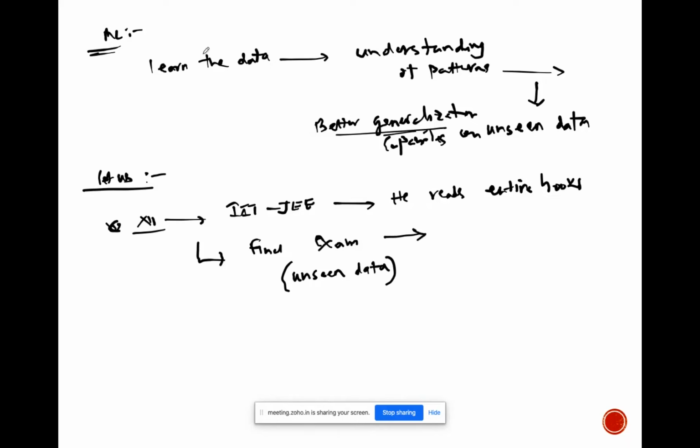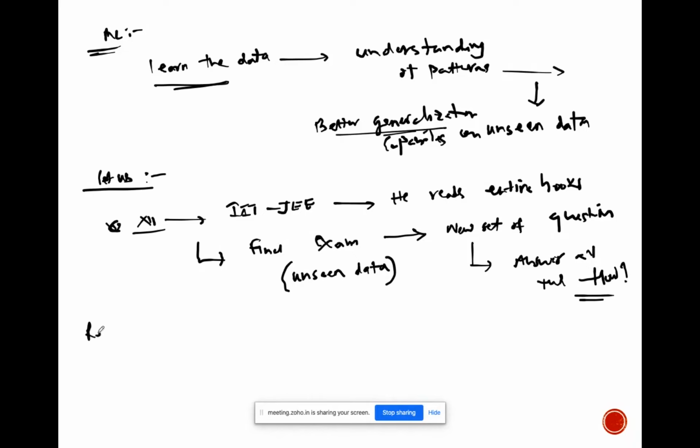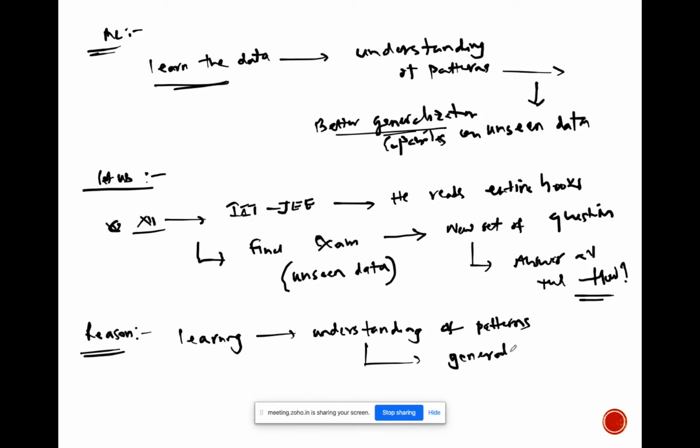He will not get the same questions that he learned; he will get a new set of questions, but he is able to answer all of them. How? The reason is the learning is leading to understanding of a pattern, and that made him generalize. He thinks, this is the method I need to use, and then is able to answer it.